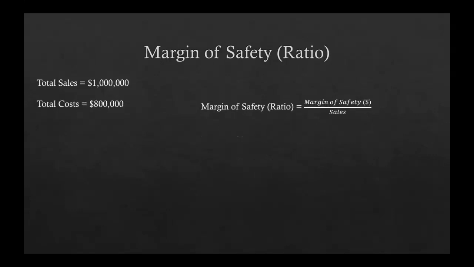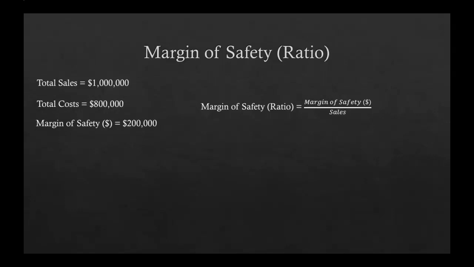Now for our ratio. For the ratio, we need to take our margin of safety in dollars and divide it by our sales amount. So we found our margin of safety in dollars in that last part of this problem. It's 200,000.